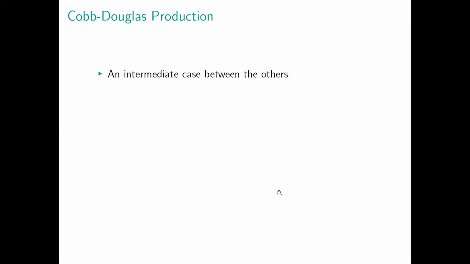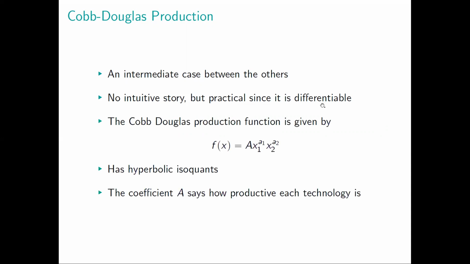Another production function we'll deal with is going to be Cobb-Douglas. So this is an intermediate case between the others. Again, I don't have a good intuitive story for Cobb-Douglas production, but it's going to be practical since it is in fact differentiable, and differentiable in nice ways, right? So the Cobb-Douglas production function is going to be given by this f of x here, where there's some A coefficient that tells you how much you produce.